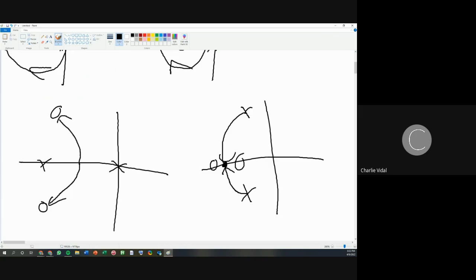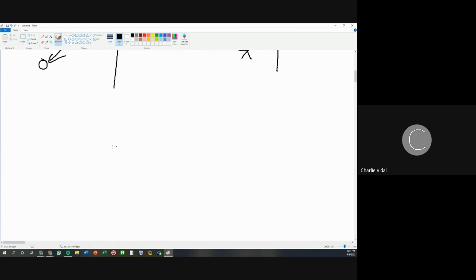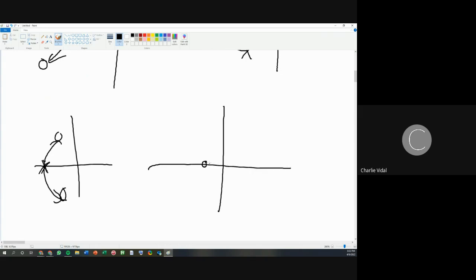Pretty simple so far. If the x's were on top of each other, and there was zeros over here, it would just go this way, right? If the zeros were together, so they're both over here on the same point, and there are x's over here, then these would go into the zeros.